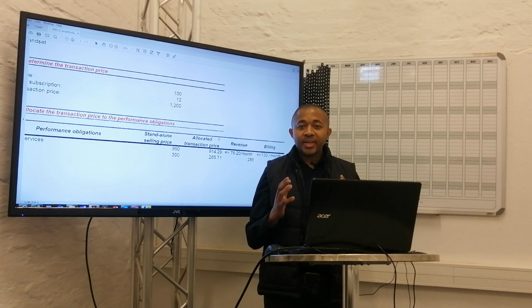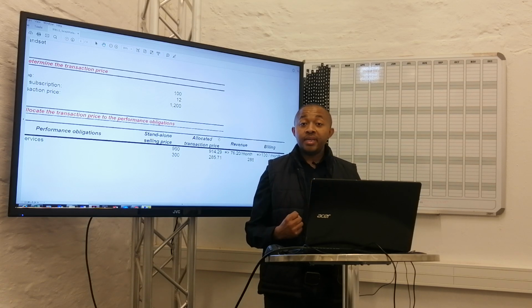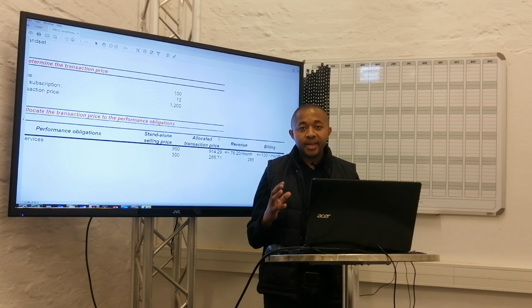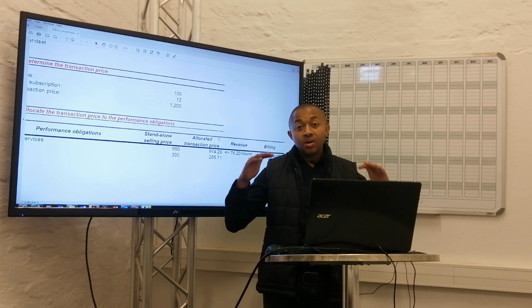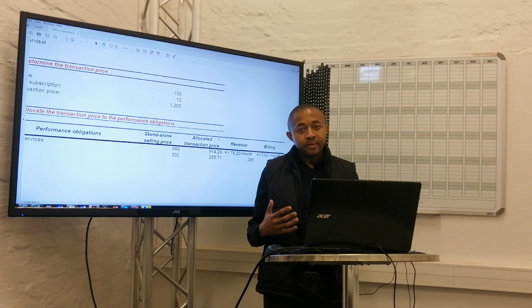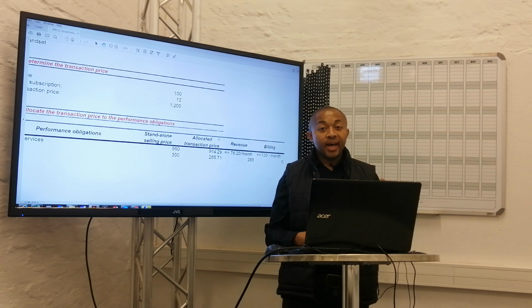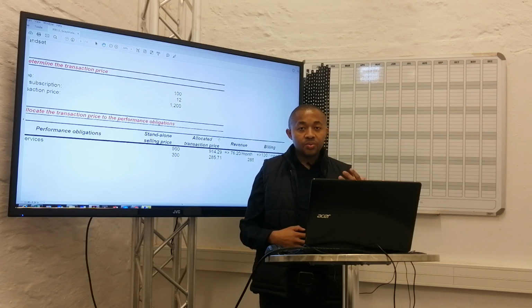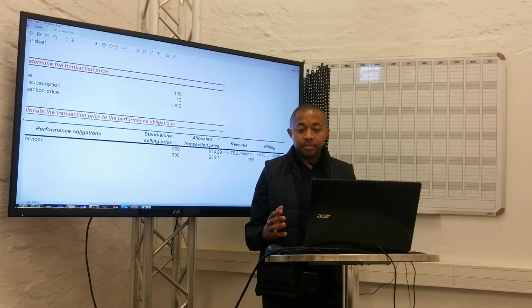The network service, unlike the handset you get at a point in time, meaning that as Johnny, the minute you get into the contract, you receive the complete handset, but the network service, you get that over time. So the network provider will have to recognize that revenue relating to network over time.